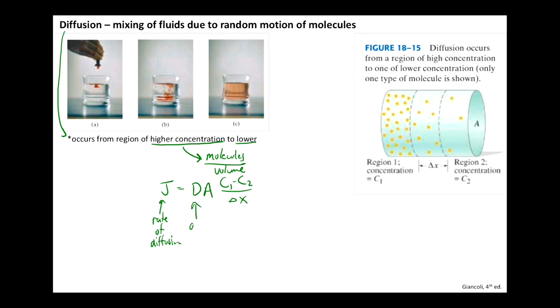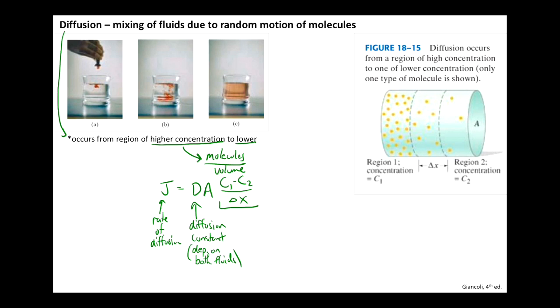This D is a diffusion constant, and it will be dependent on both fluids. And you can find a table in the book for mixing of a few different items. Diffusion constant is depending on what you're putting into the fluid and what the other fluid is. A there is simply the cross-sectional area of the space through which things are diffusing.